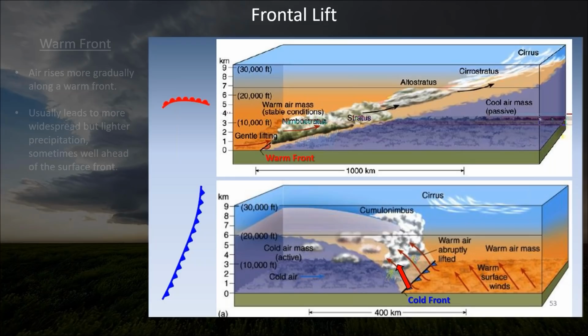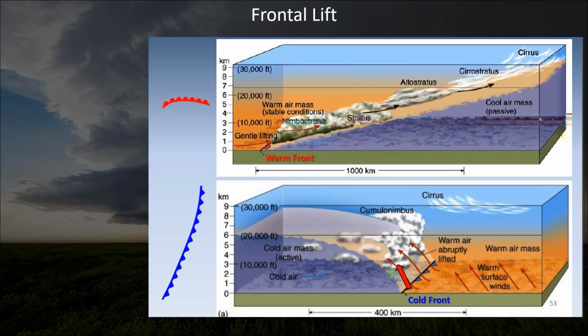So that slope between the 2 air masses is very gradual. So this leads to slower upward motion, and generally you don't see quite as much stronger convection associated with this because the lifting mechanism is more gentle.